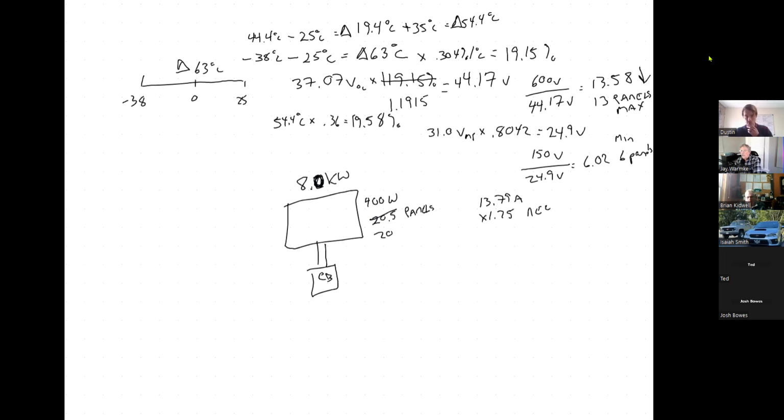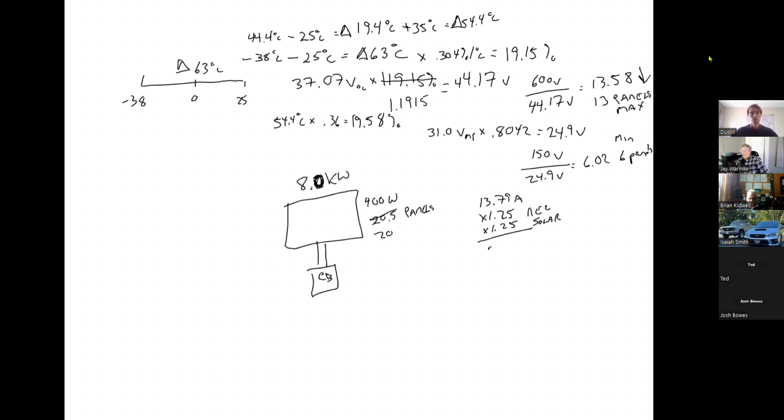And because there are no electronics here, we're also going to multiply it times 1.25, which is the solar variability factor. So 13.79 times 1.25 times 1.25 gives me 21.54. Did you guys get the same? Yeah, 21.55 or something like that.